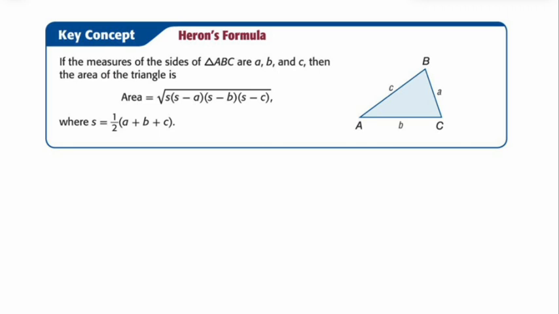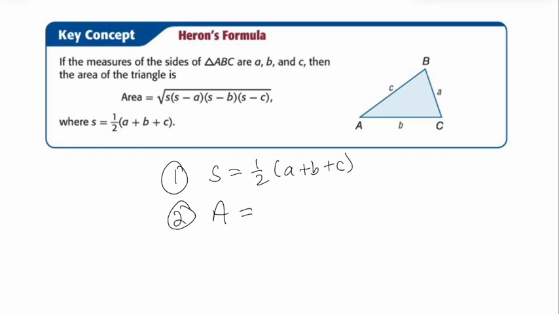Okay, so the first thing you want to do, step one, is you want to find S. It's called the half perimeter. So you take half of the perimeter of your triangle. This triangle has sides A, B, and C. You find half the perimeter. The second thing you do is you use this cool area formula.